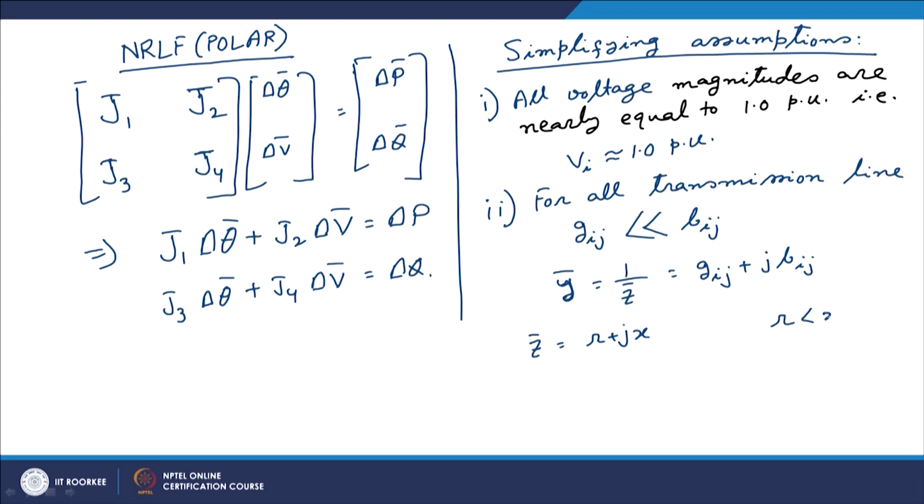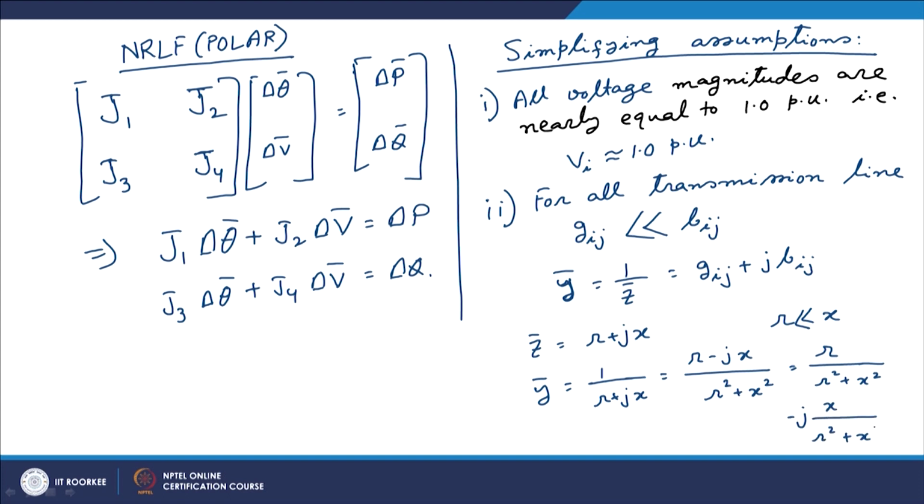In a transmission system, usually the resistive part is much less than the reactive part, so R is much less than X. Now, Y is 1 by R plus jX, so we have R minus jX by R square plus X square. So, it is R by R square plus X square minus jX by R square plus X square.